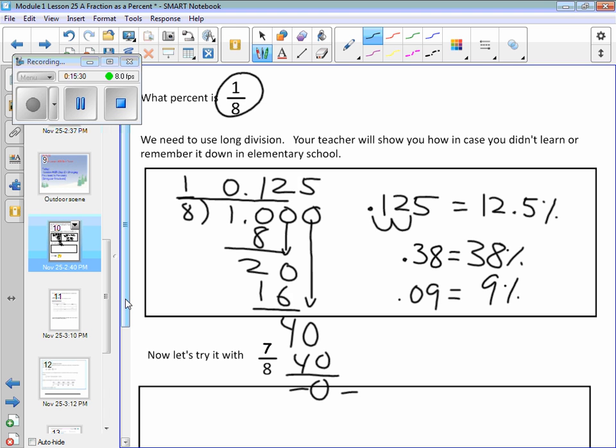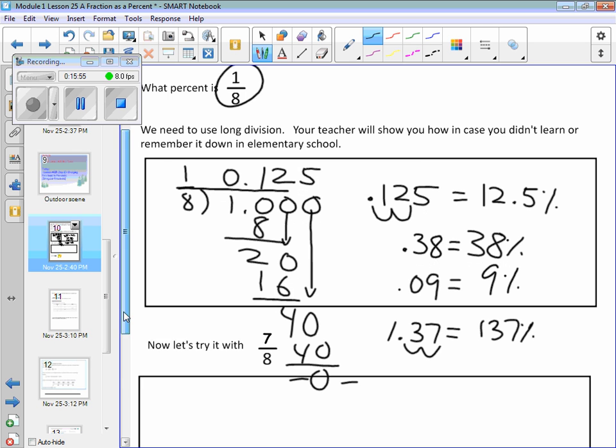Ready? 1.37. Anna. 137 what? Got it. Good. Ready?